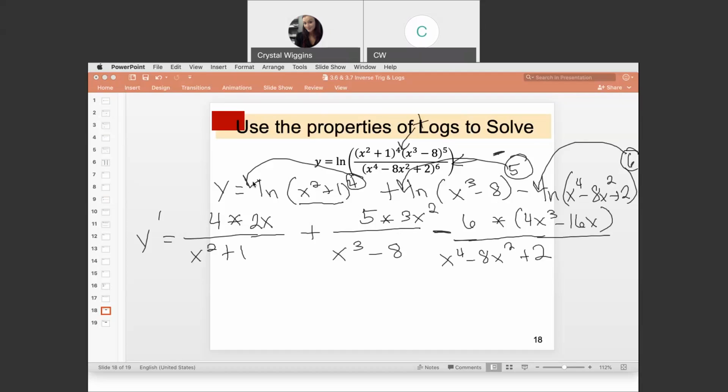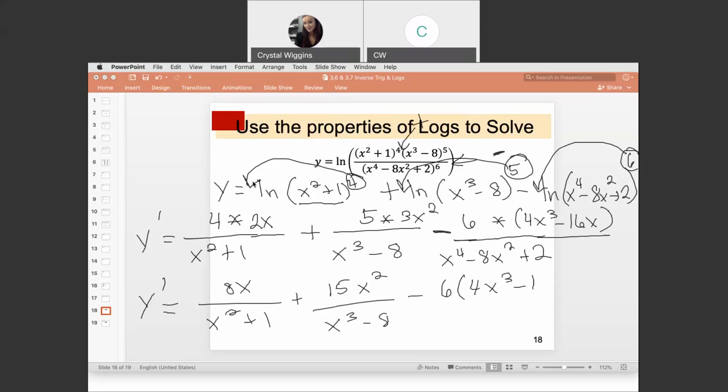Okay, a couple simplifications, because we have very simple multiplications here. It's not the second derivative, sorry about that, first derivative. So this is 8x over x squared plus 1, plus we have 15x squared over x cubed minus 8, and minus, this one we'll just keep as is with the 6 times because I don't feel like distributing it through.